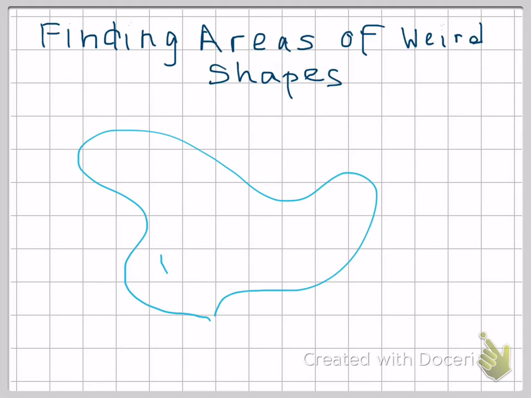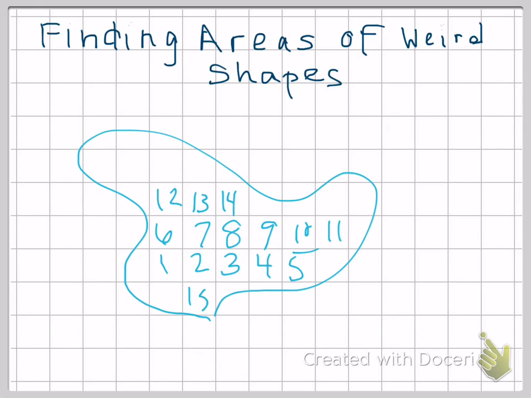So here would be 1, 2, 3, 4, 5, 6, 7, 8, 9, 10, 11, 12, 13, 14, not going to count those. Here's one, 15, 16, 17, and I'm going to stop there. Those are my full centimeter squares that are taken.